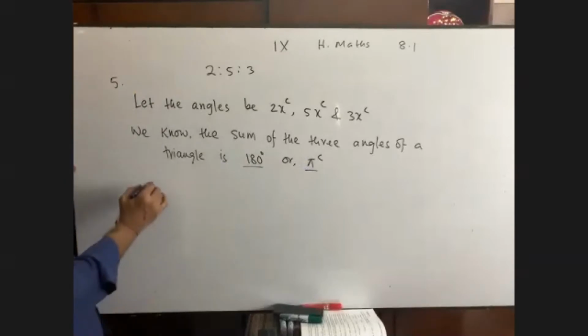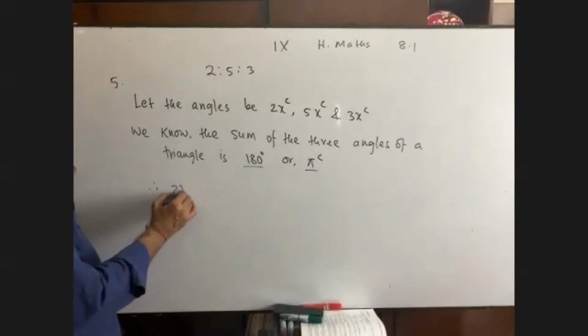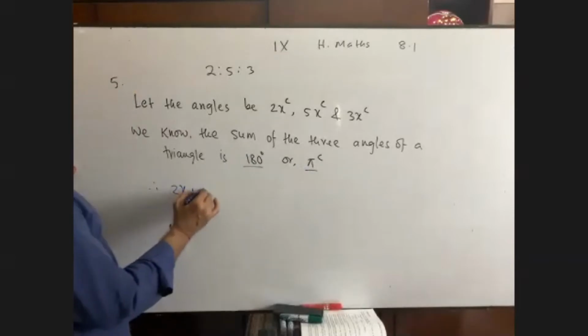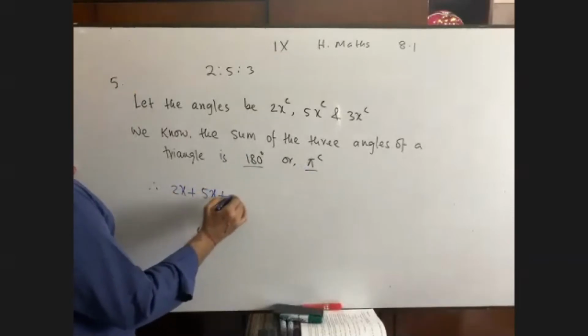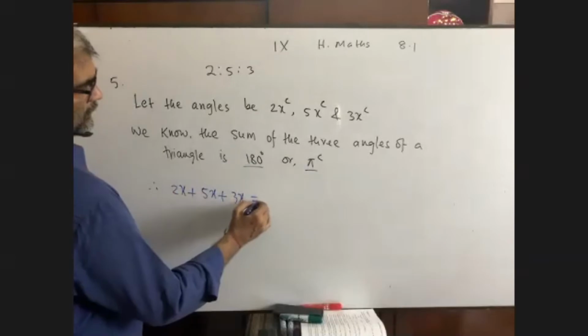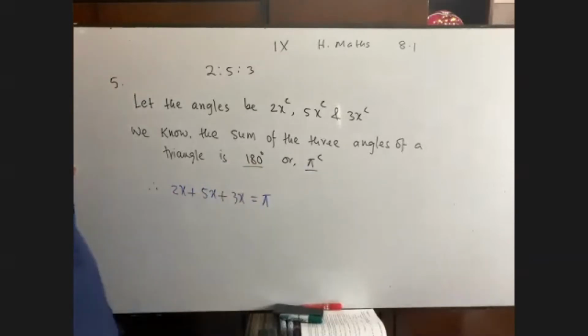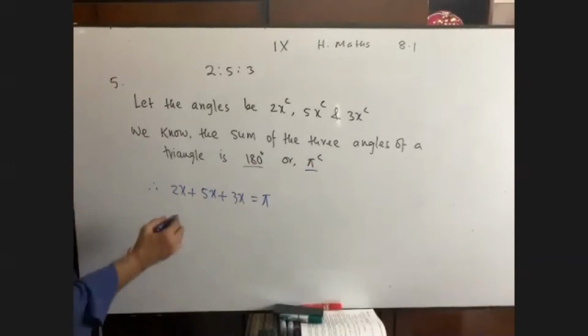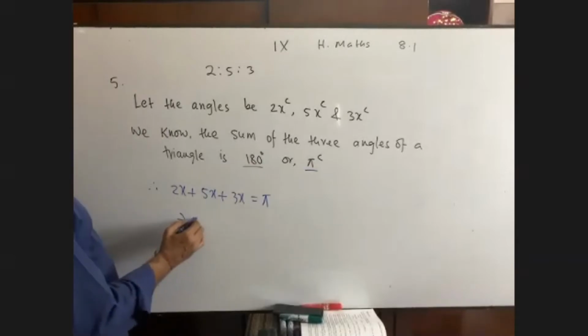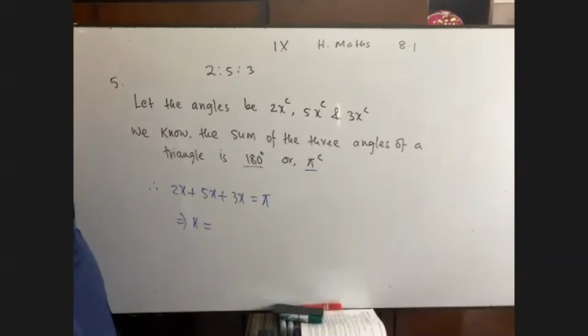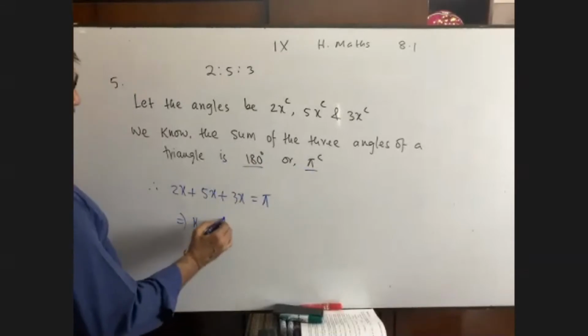That means we can write down 2x plus 5x plus 3x equals pi. From here, you find the value of x. x equals what? Pi by 10.